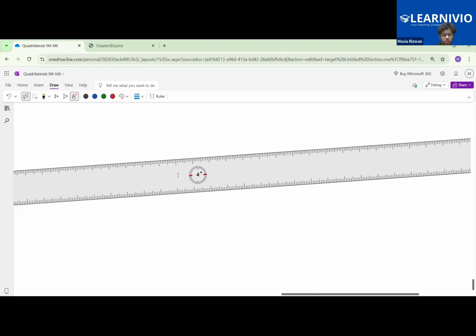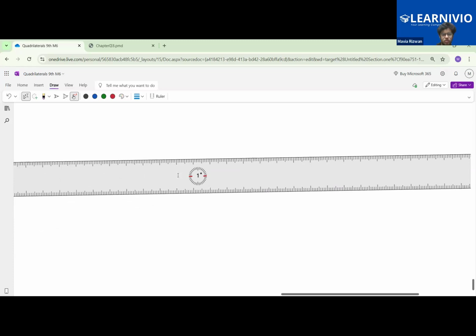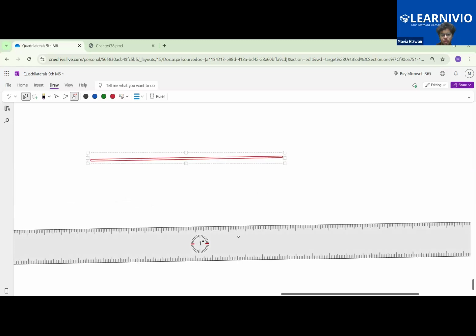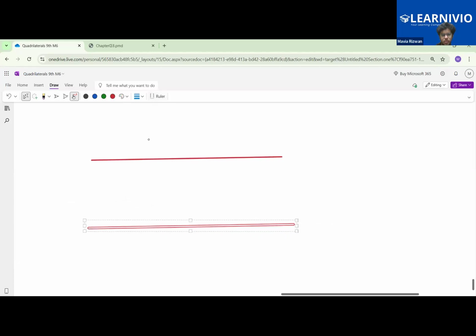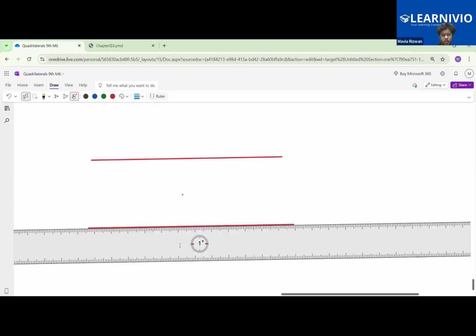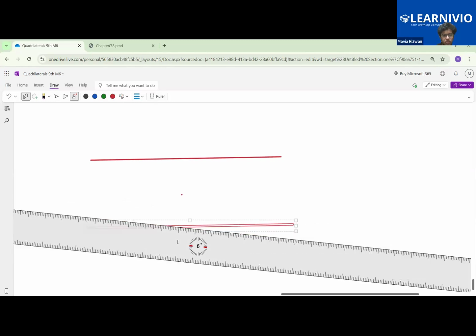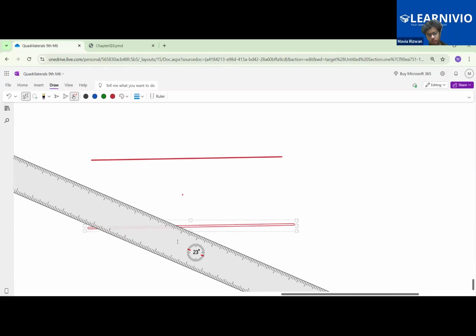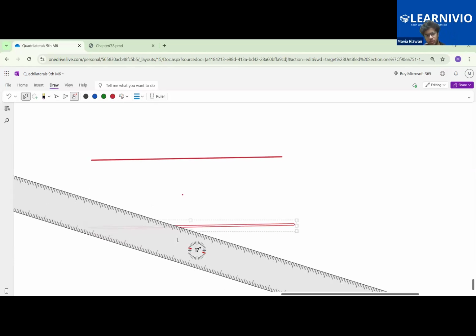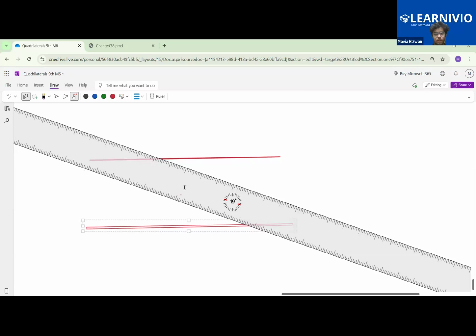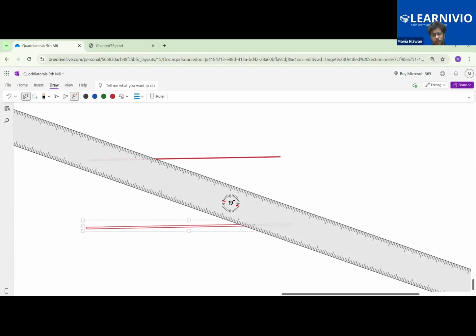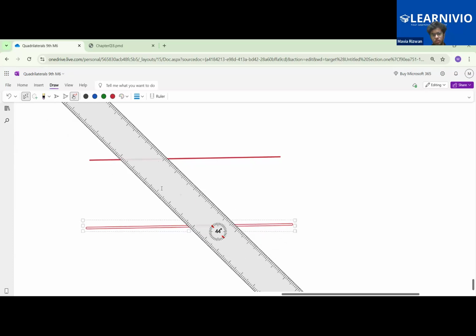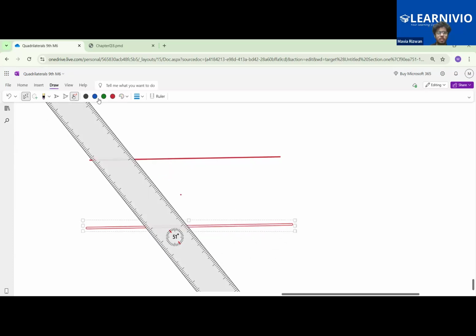Okay, we have two parallel lines L and M. They are intersected by a transversal P.